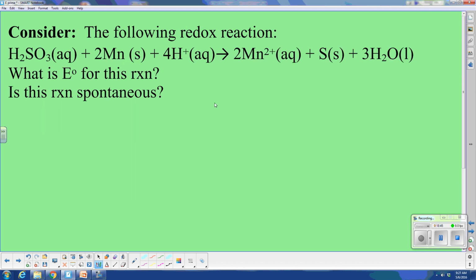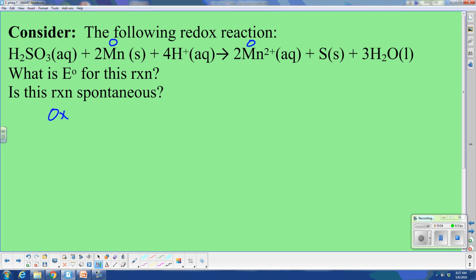All right, you guys consider this one. Come back and get me when you're ready. Wow, this one looks pretty complicated. Okay, so I might need some help here. The easy one, right, is I have manganese going to manganese 2 plus. That looks like oxidation.